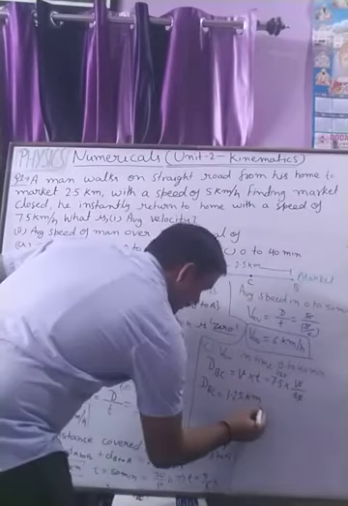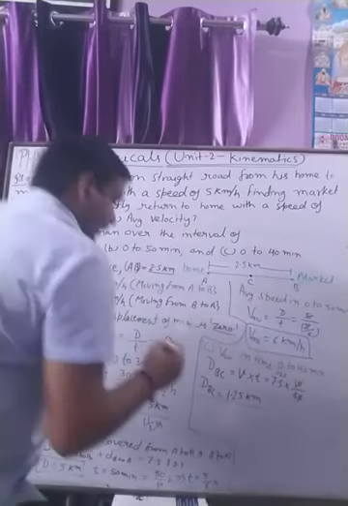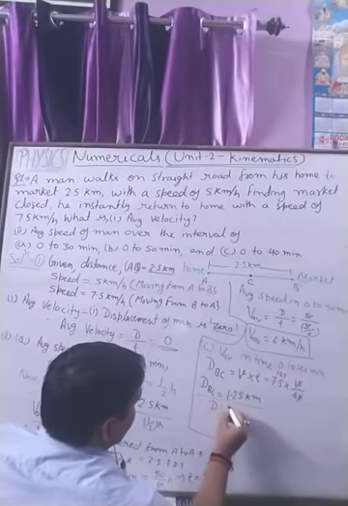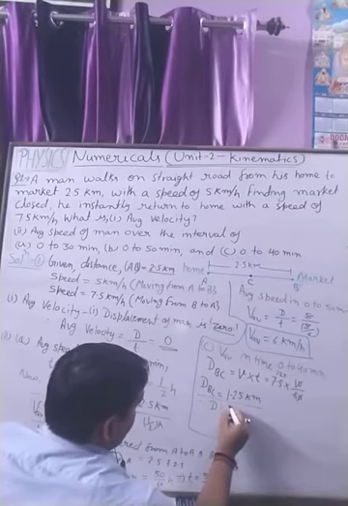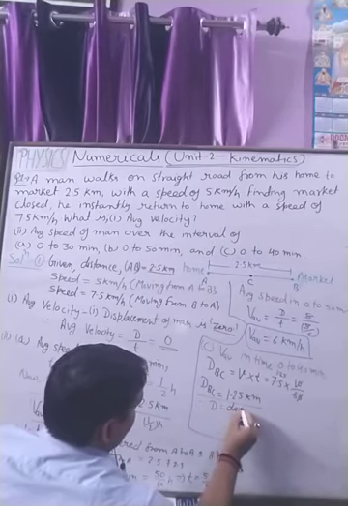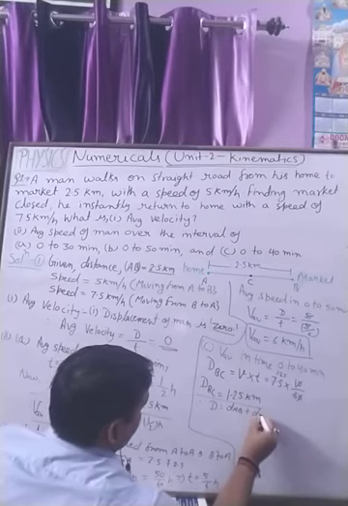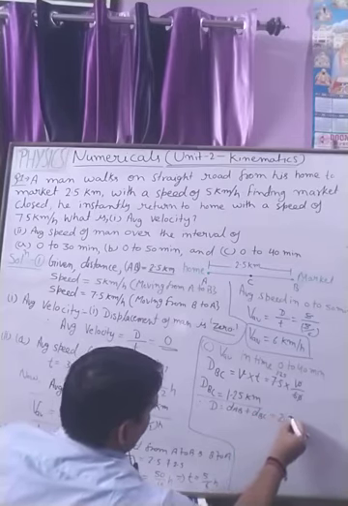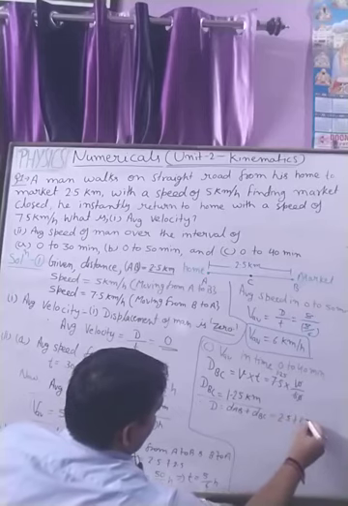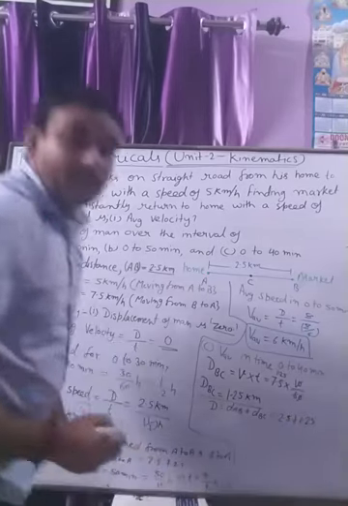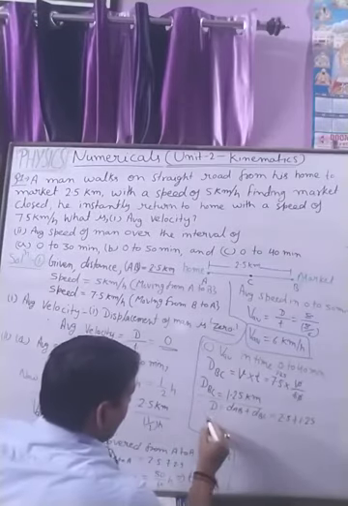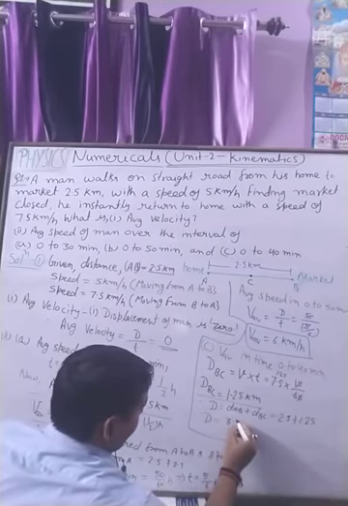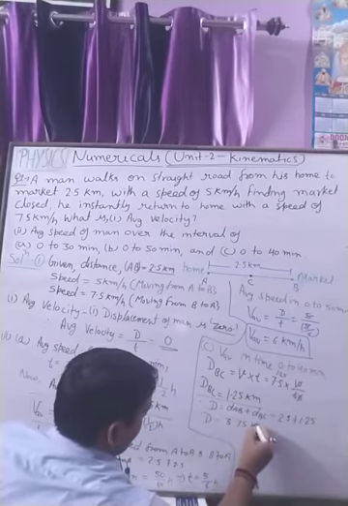This is the distance from B to C. Therefore, total distance is D_AB plus D_BC is 2.5 plus 1.25. Clear? Therefore, we can find that the distance is 3.75 kilometer.